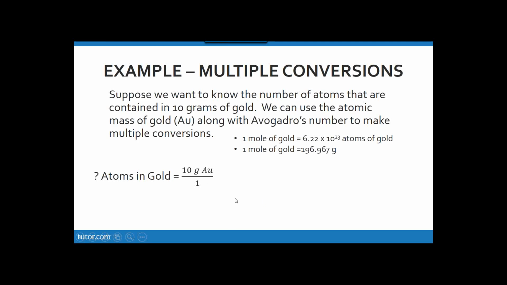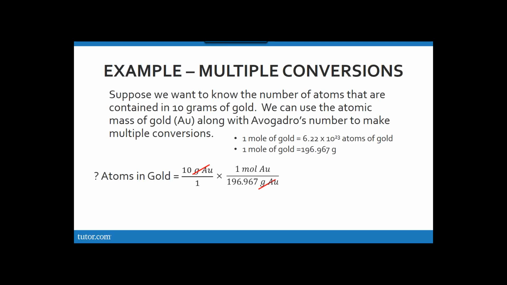With correct placement of the molecular mass conversion, we can cancel out the grams units. Since grams is in the numerator in the conversion factor I have set up, I want to make sure that grams are in the denominator of the next conversion factor. So our grams of gold will cancel out. And now we're left with moles, and we want to change moles to atoms.